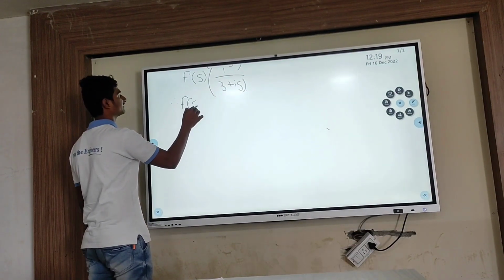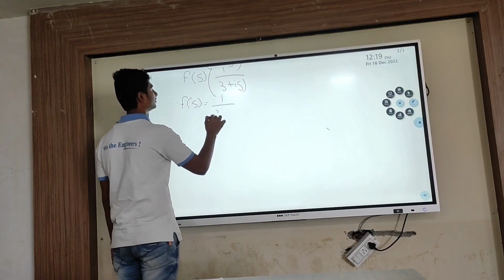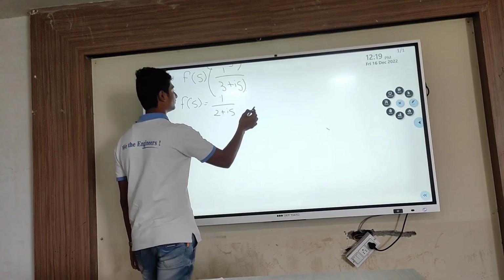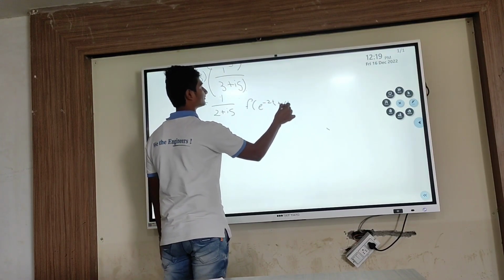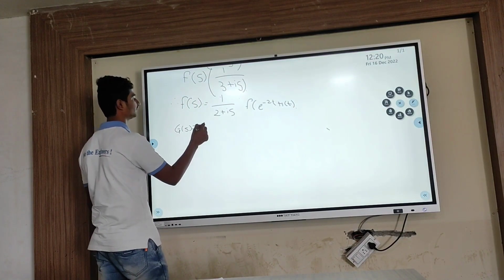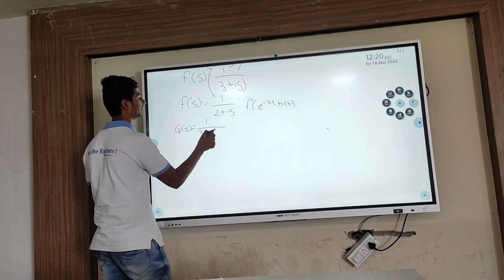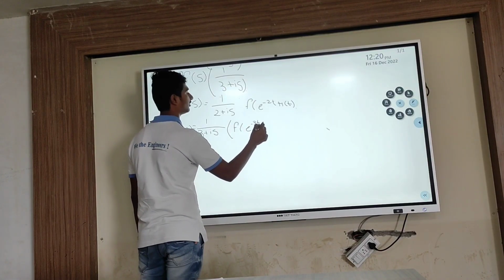When we take the inverse Laplace, f of s is 1 upon s plus 2, so we get e to the minus 2t h of t. And the next one is g of s. So for g of s, 1 upon s plus 3, we get e to the minus 3t h of t.